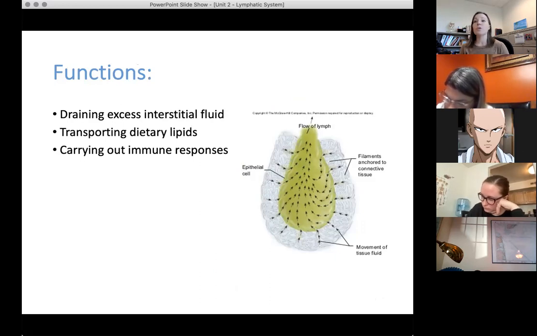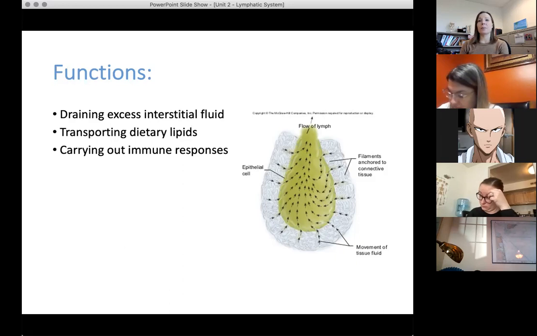So basically it removes excess fluid surrounding tissues and returns it to the blood. So it just helps to drain excess fluid that is located around your tissues within your body and returns that excess fluid to the blood.